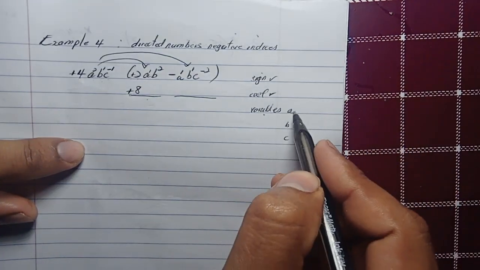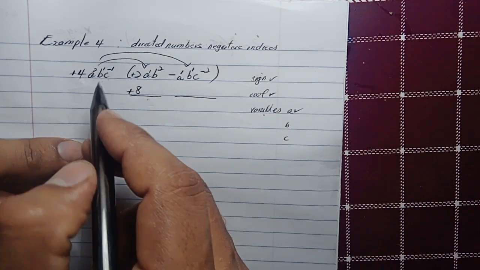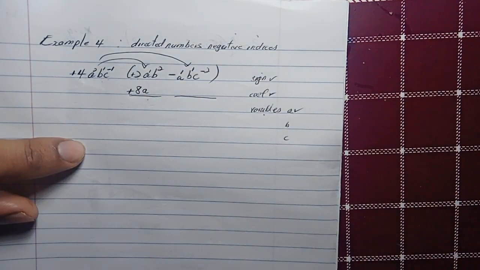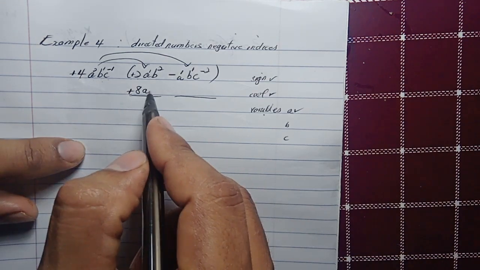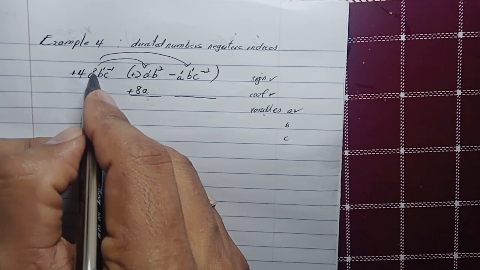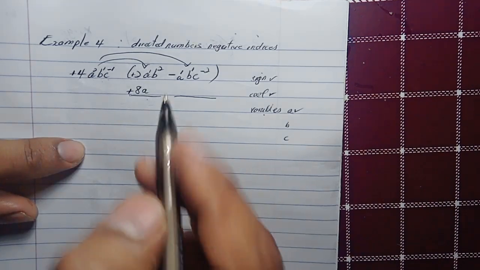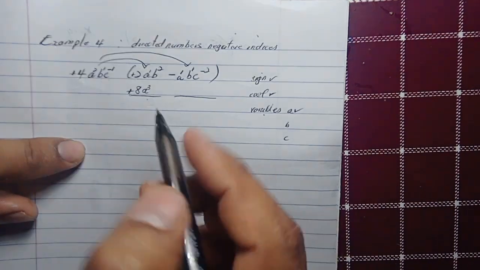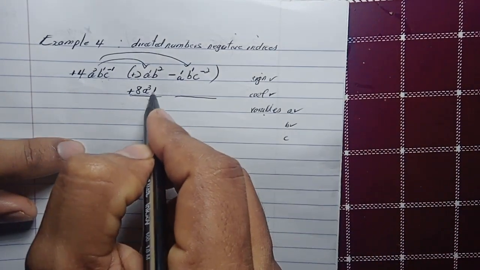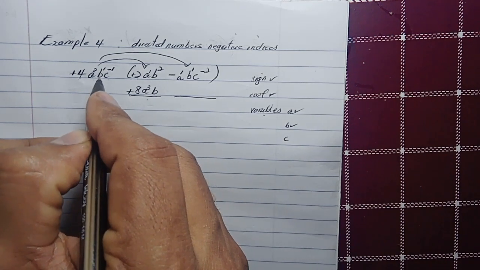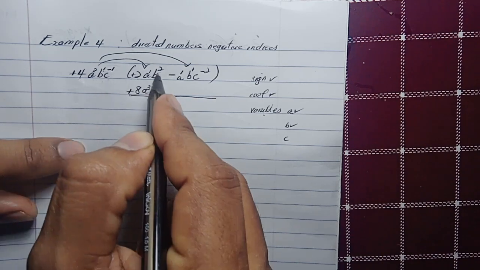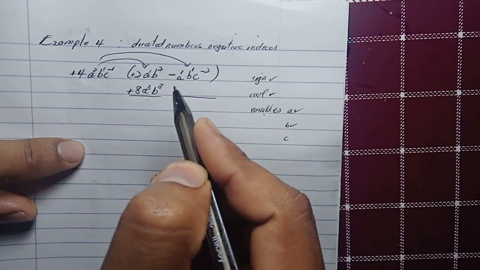Variables now. We have our first variable, a. So let's put a here, and we'll add the powers together in one step. 2 plus 1 gives you 3. And we have a second variable, b. b to the first power times b to the second, you add 1 plus 2 gives you 3.